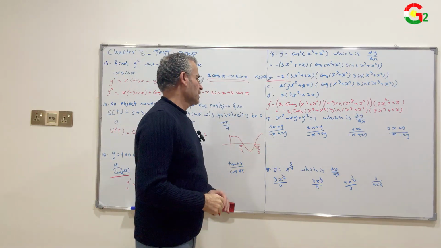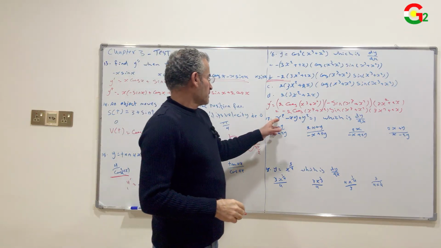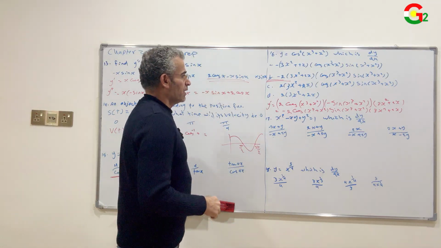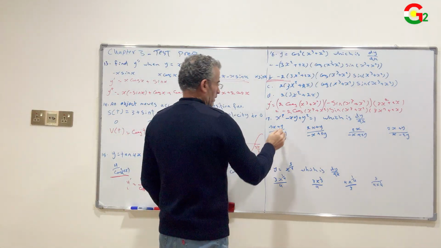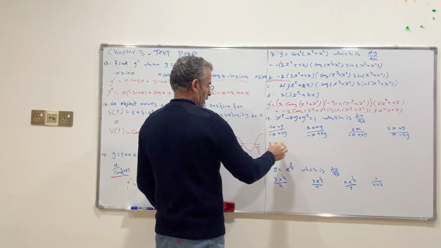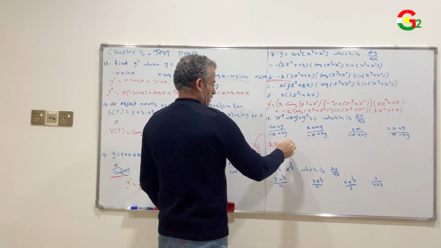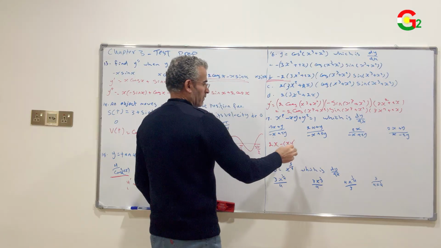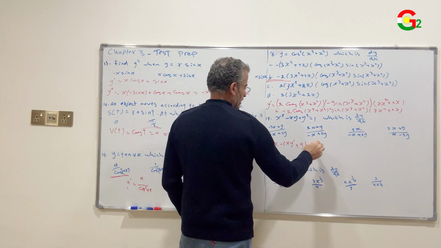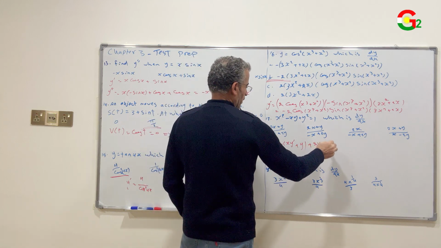Question number 17: x^2 minus xy plus y^2 equals 1. Find dy over dx, y prime. Use implicit differentiation to find y prime: 2x minus the first function times the derivative of the second plus the second times the derivative of the first, plus 2y y prime equals 0.